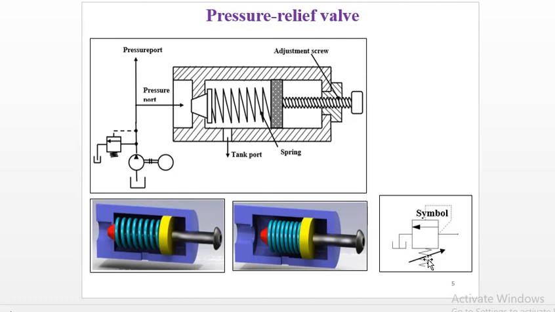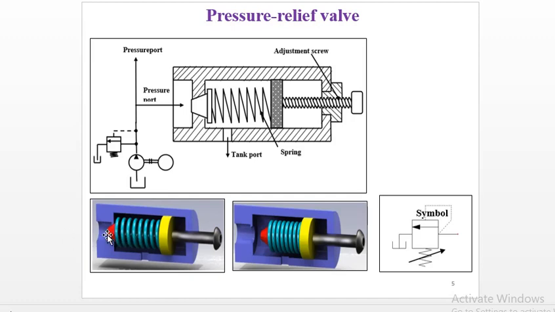Its meaning is that we can set a variable pressure: we can set 10 bar, 50 bar, 200 bar, or 300 bar pressure here. So the arrow indicates the variable pressure setting we can achieve by means of this particular valve. In this color diagram you can see the compression and decompression of the spring.